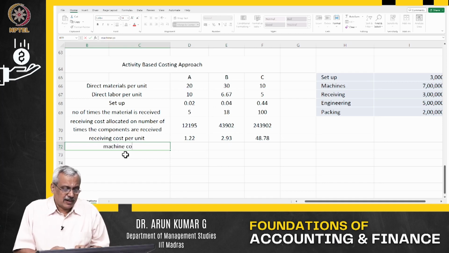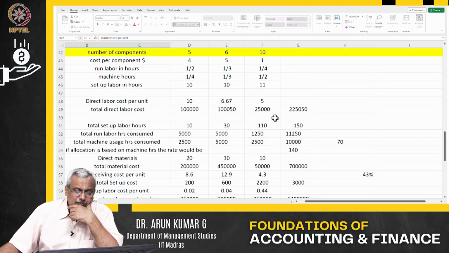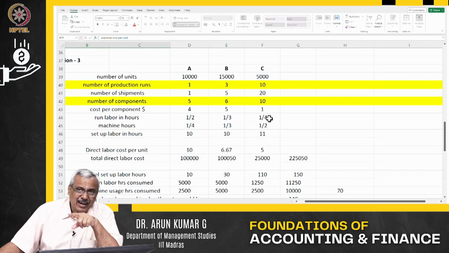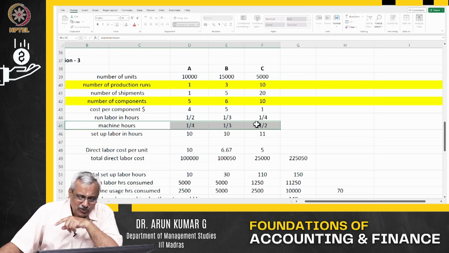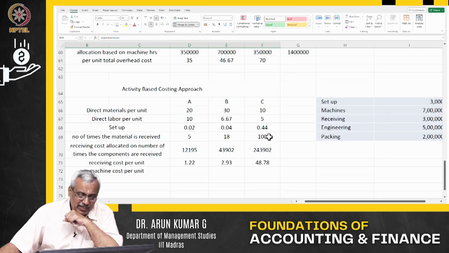So, machine cost per unit. Again, let me repeat: the activity driver is the number of hours I use the machine for every product. The hours used are 1/4 hour for A, 1/3 hour for B and half an hour for C.